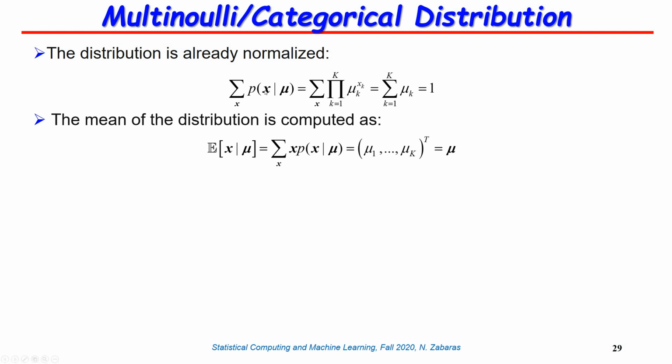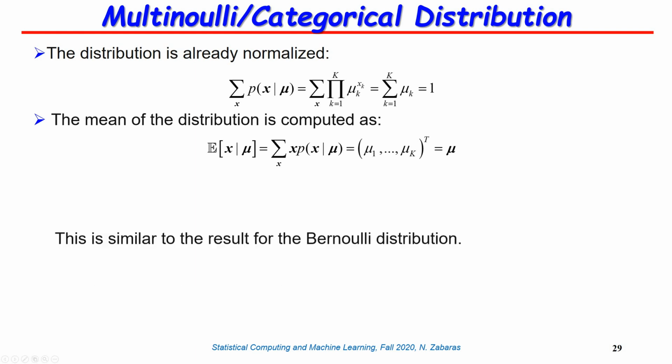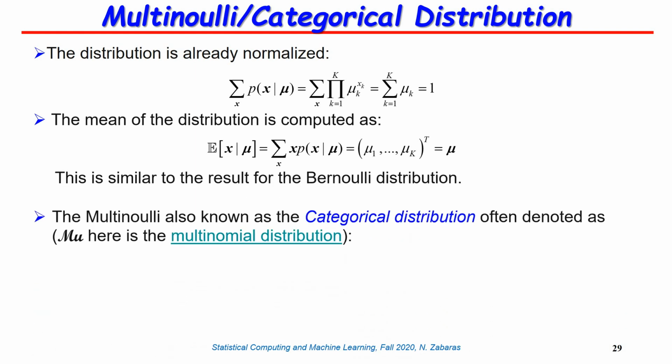We're looking at vectors x, but every component of this vector is a Bernoulli variable that is either on or off. So you anticipate that the mean of x1 is mu1, the mean of x2 is mu2, and so the mean of the vector x is mu. I don't really need to derive anything.